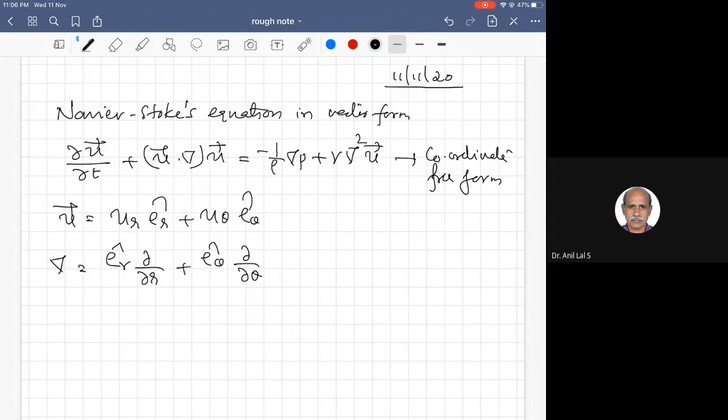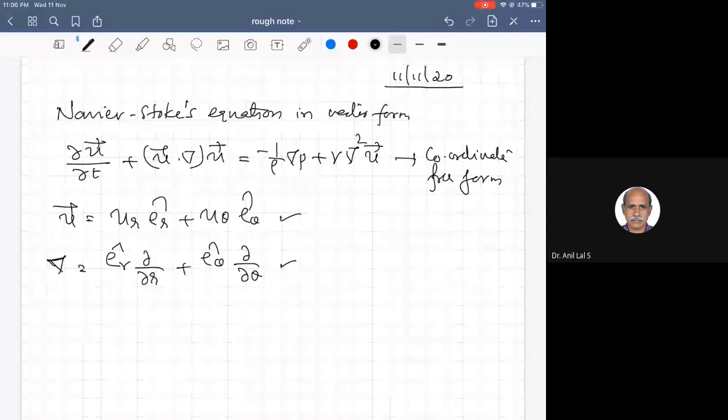So in this present lecture, I am trying to expand this Navier-Stokes equation using the polar coordinate representation, in which u is like this and the del vector is in terms of the unit vectors er and e theta.